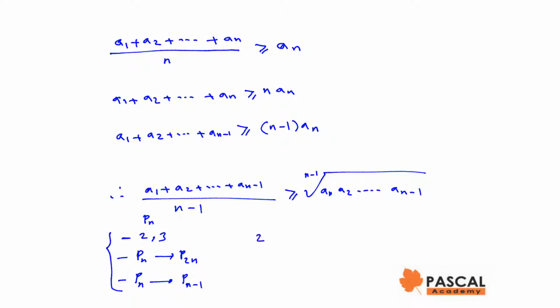It is true for 2, therefore it is true for 4, 8, 16, and so on. Since it is true for 4, it is true for 3. And since it is true for 8, it is true for 7. That means it is true for 6 and 5, and therefore it is true for all natural numbers based on induction. Thank you.